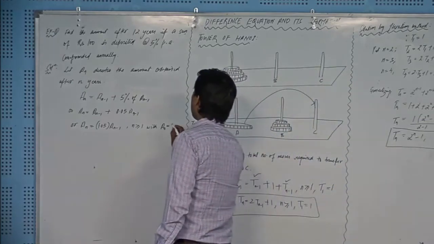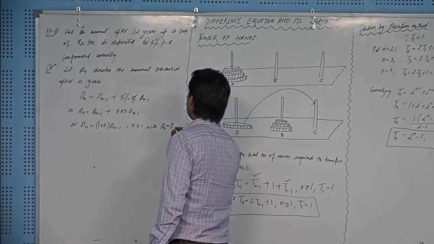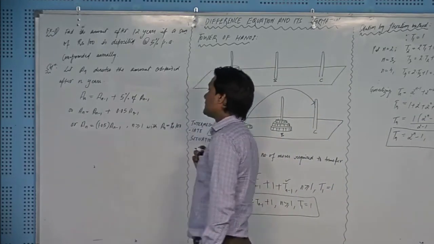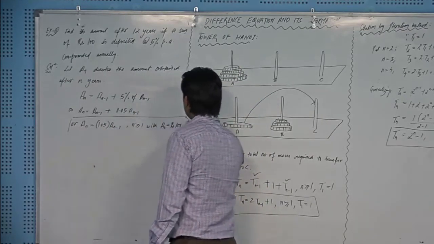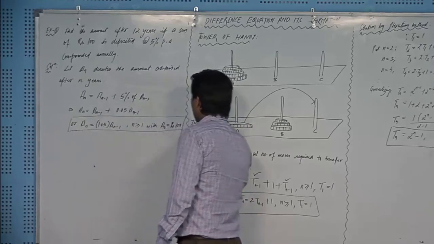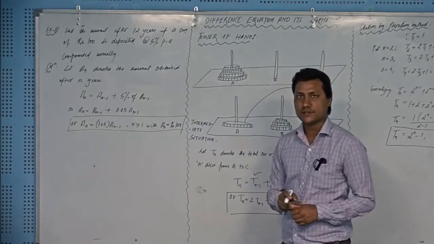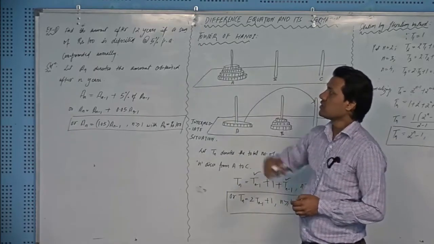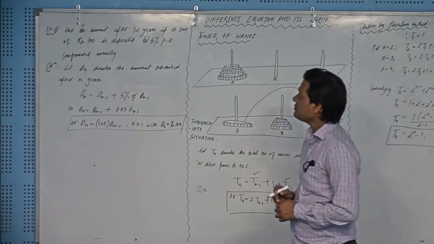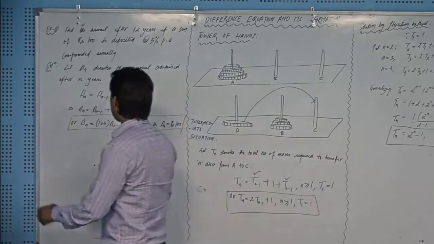And that is how much? Rupees 100, right? So this is a complete difference equation in order to get the amount after n years, right? And in order to find its solution, however, the solution is not required in the question. Oh, solution is required, sorry. This is a difference equation.